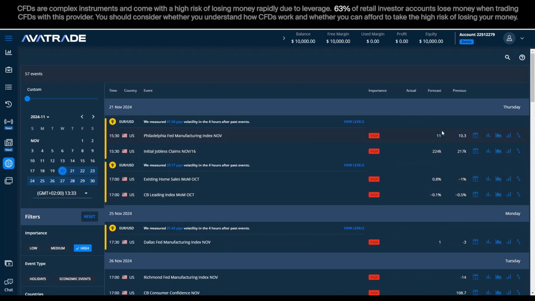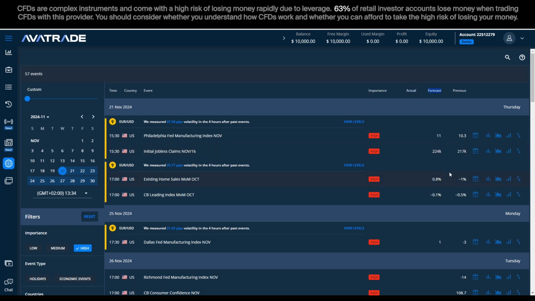Okay, and what I wanted to show you is very, very simple how it works. So this is obviously presenting us if this is a high, medium, or low. This is the actual, so this will only appear on things that already took place, like we had in the beginning.